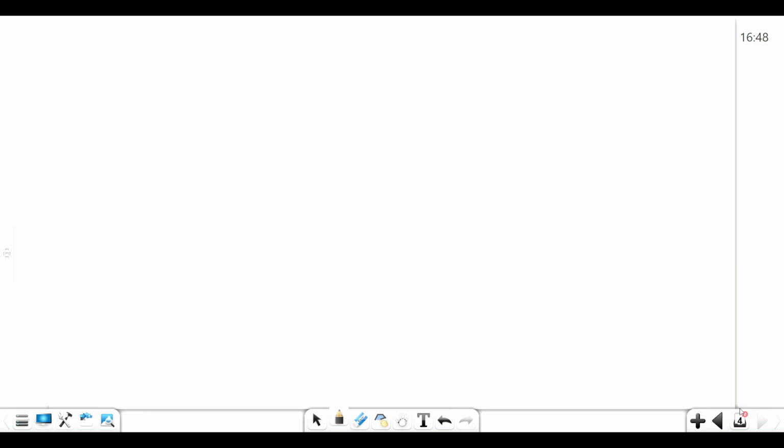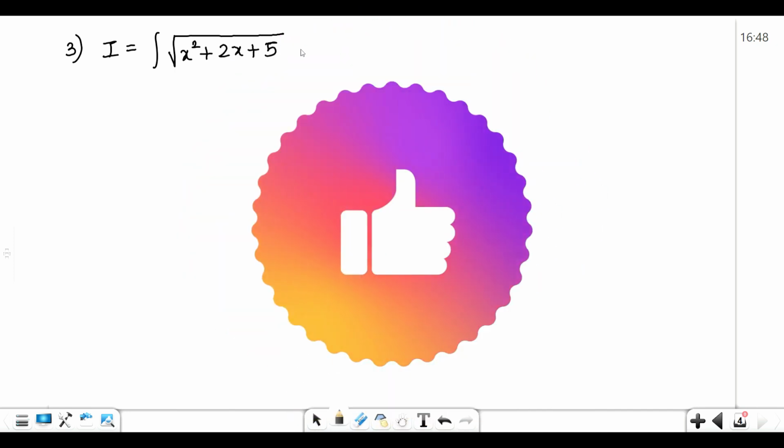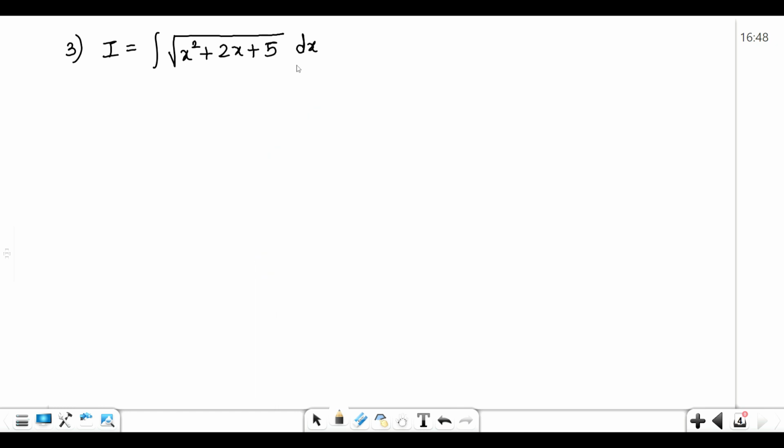Now we'll take another one, where I is equal to the integration of the square root of x square plus 2x plus 5 dx.